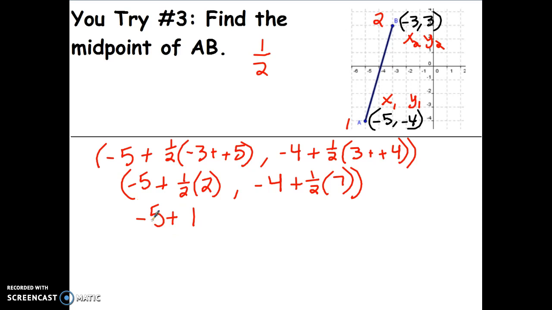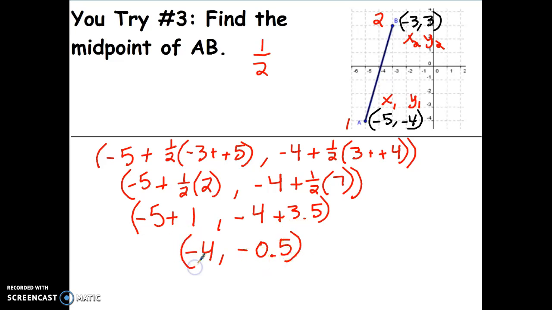And 1/2 of 7 is 3.5. Okay, -5 plus 1 is -4. And -4 plus 3.5 is -0.5, or -1/2. So hopefully you guys got that.